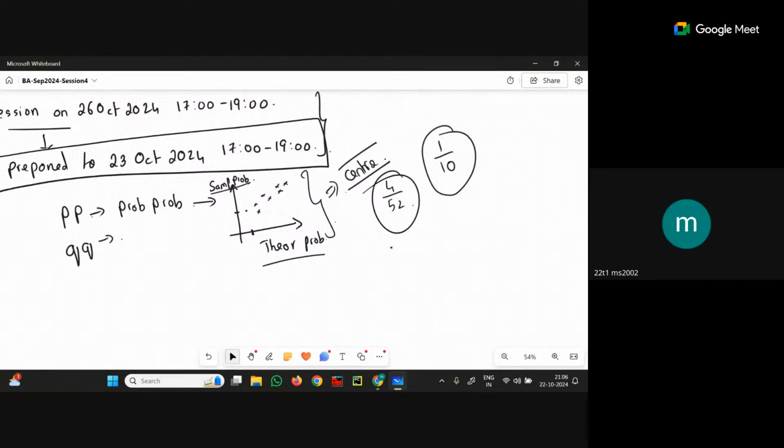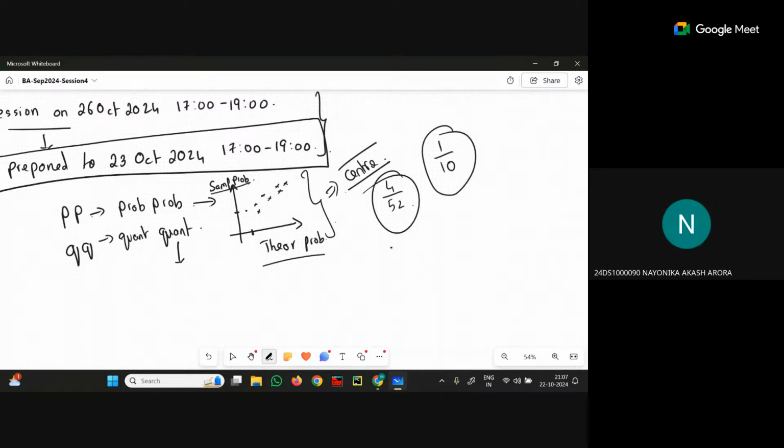Okay, what is a QQ plot then? Quantile plot. It's a quantile plot. So what is a quantile? Okay, how many quantiles are there? 4. 4, what are they? First quantile, median, third quantile.